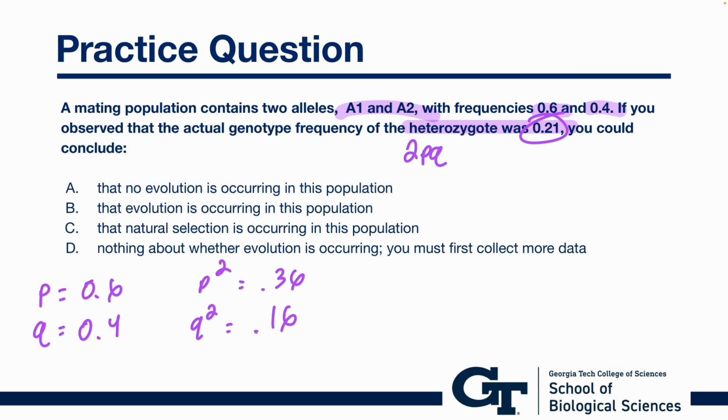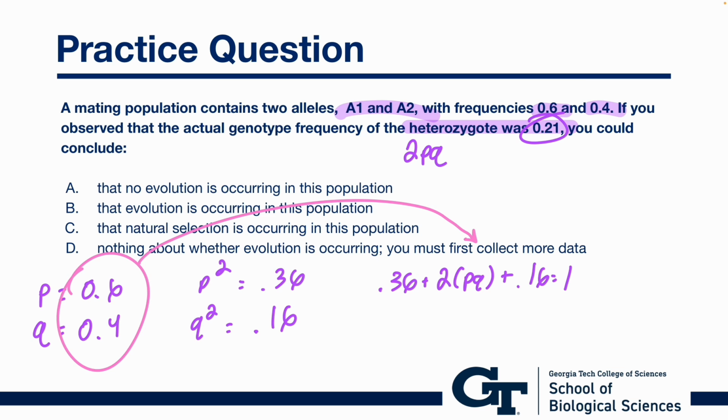Okay, so now that we have P squared and Q squared, we can go ahead and plug in for Hardy-Weinberg. So we have P squared plus 2PQ plus Q squared is equal to 1. So we have 0.36 plus 2PQ plus 0.16 is equal to 1. Can we take these and plug in for 2PQ?